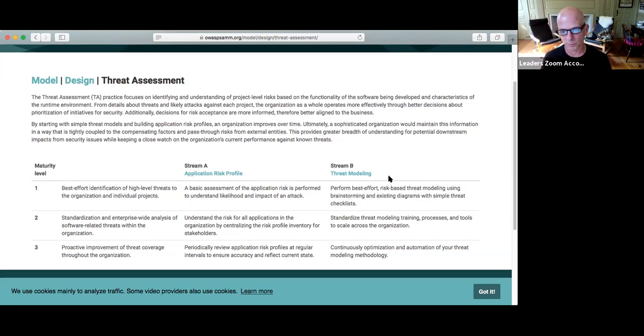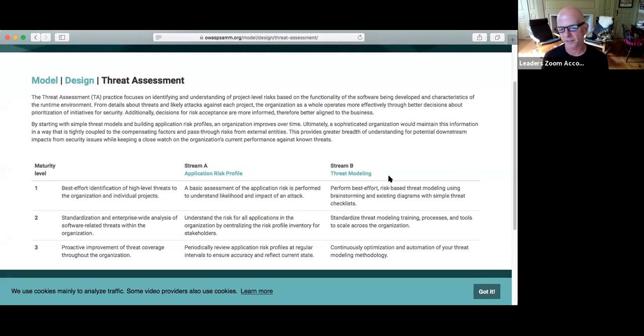In my experience, with the application risk profile in your organization, in the company you work for, it's about understanding how that application fits into the larger context of what the company does as a business, and understanding the risks that it's going to present to the company, whether that might be reputational risk, financial risk, or other types of risks that might be an outcome of that application being implemented and deployed.